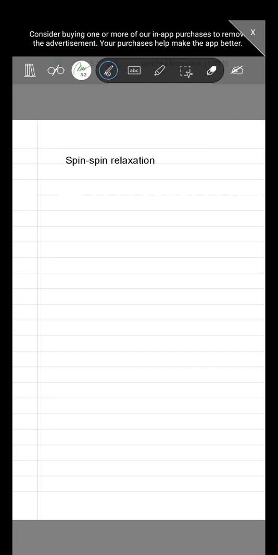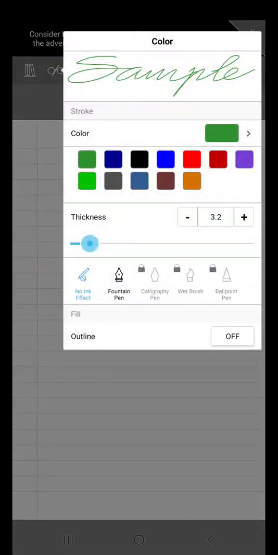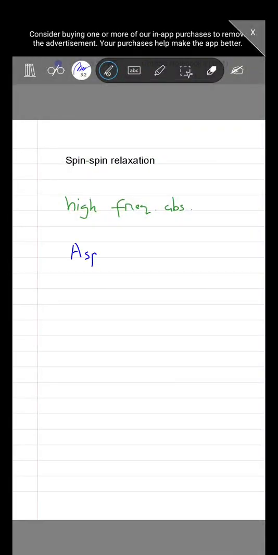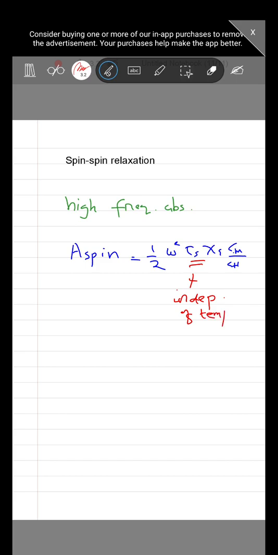So we can say that we obtained here a high frequency absorption, again written as A spin is equal to 1/2 omega square tau S by S Cm by Ch. Interestingly, this is a static value and it is independent of temperature, the relaxation time with respect to the static values of magnetic field and magnetization.